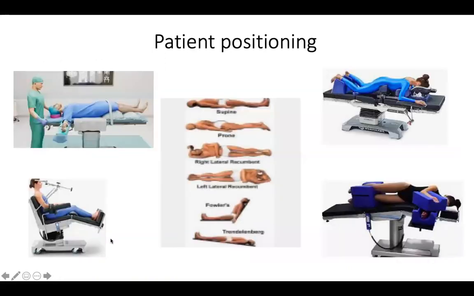So patient positioning is also important. You have to plan for this. So it's part of theater preparation. You need to know for your surgery, what are they going to do? Like we had about 2 weeks ago, a patient was coming in for clavicle surgery, and the surgeon wanted the patient in a semi-sitting position. And as you know, that is a concern because when a patient is in the sitting position, blood supply to the brain can be hampered.